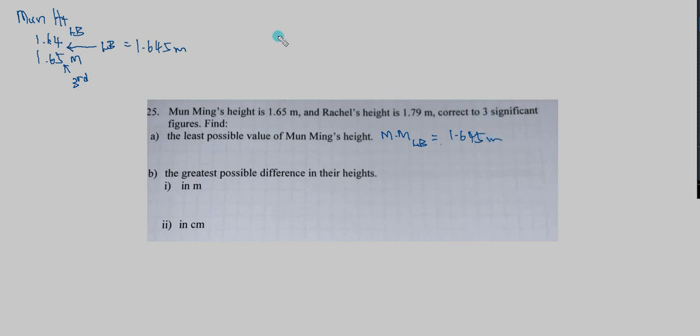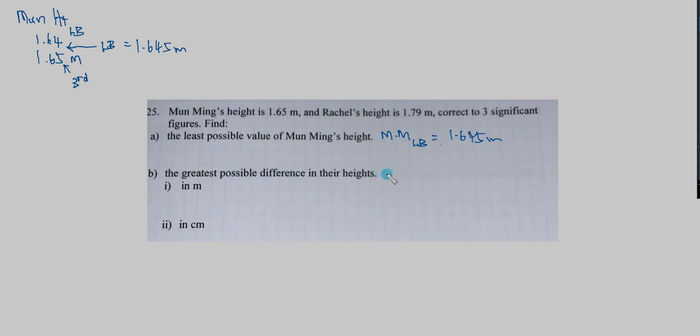Now, next, let's look at part B of the question. It wants to find the greatest possible difference in their height in meter. Yes, the original heights are in meters, so we will not make any change. Now, let's define this first.